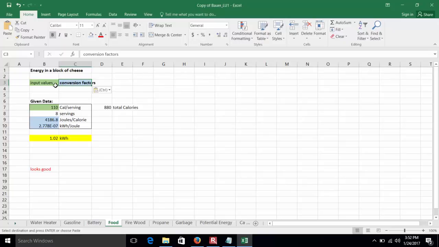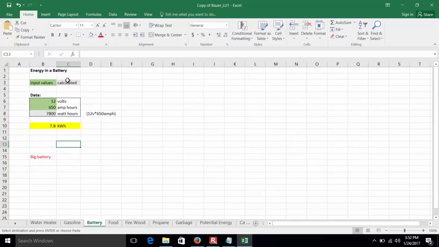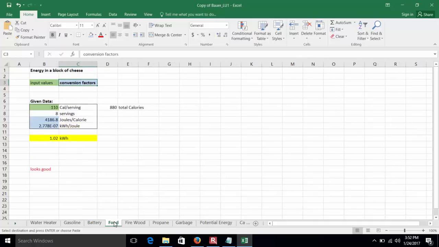And probably what you do, if you're gonna really nail this thing, is just keep tweaking it, and then answer. Answers in yellow.